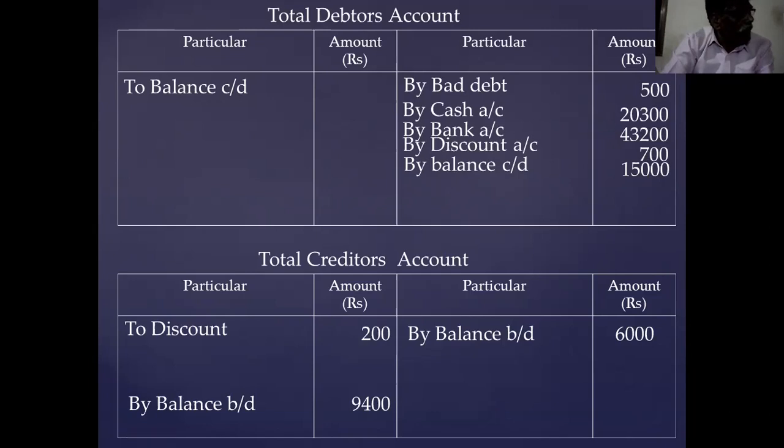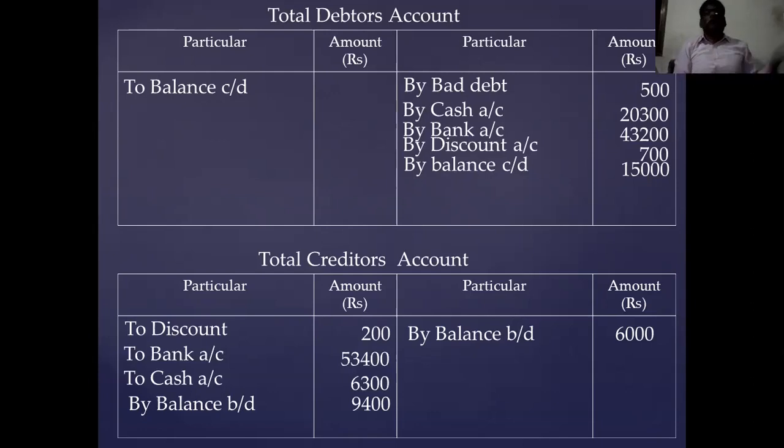Then cash paid to creditors by check, so creditors account debit side by bank 53,400. Cash purchase will not come here. Cash paid to creditor, in the creditor account to cash 6,300. Okay, these are the transactions related with debtors and creditors. All accounts completed.